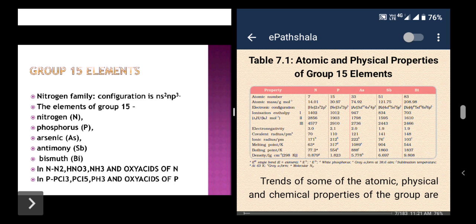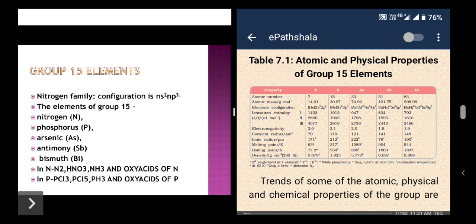group 15 elements. The atomic mass increases as we go down the group, and the electronic configuration, as I said, of course also increases. Ionization enthalpy increases till arsenic, decreases from stibium or antimony, and again increases with bismuth.